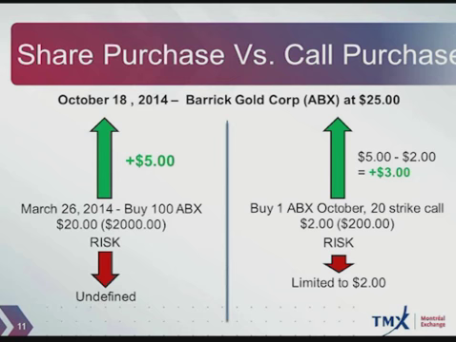But what you'll see here is that even though we have to subtract the $2 in order to determine what our profit was, you'll recognize that for our $2 risk, we had the opportunity to make a $3 profit. So the idea is that we've created what's referred to as an asymmetrical risk-reward opportunity here, where our risk is less than what our profit potential is.